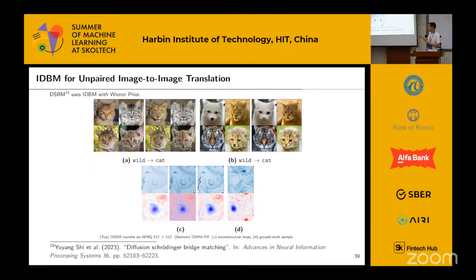In this case, it allows you to learn a mapping which preserves the similarity between input and output point. So a wolf is mapped to a white cat, not just to an orange cat or whatever. This is the property of this iterative diffusion matching procedure: it finds a diffusion which maximally preserves the input content in the unpaired setting.